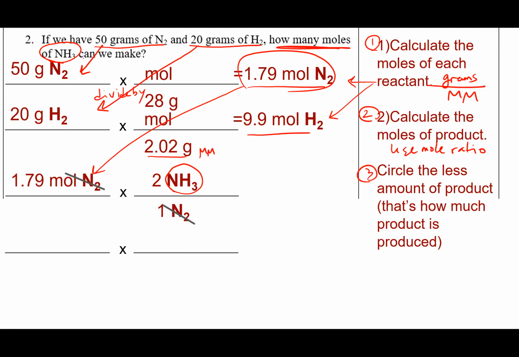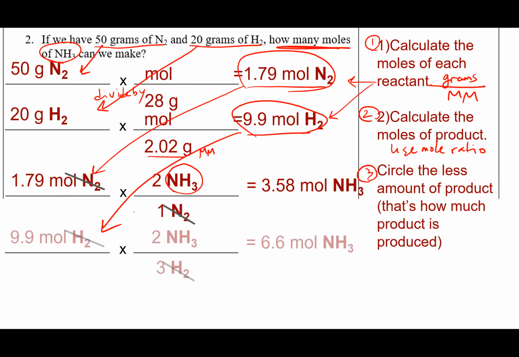So I did 1.79 moles of N2 times 2, and I get 3.58 moles of NH3. And I'm also going to bring the H2 down and do the same thing using the mole ratio given by the equation, 2 to 3. So 9.9 moles H2 times 2 over 3 equals 6 moles NH3.